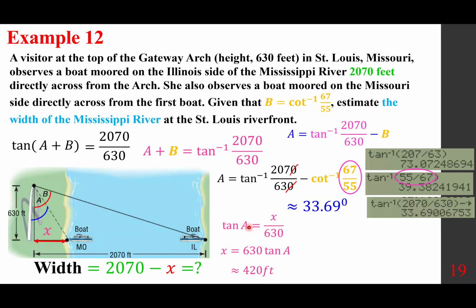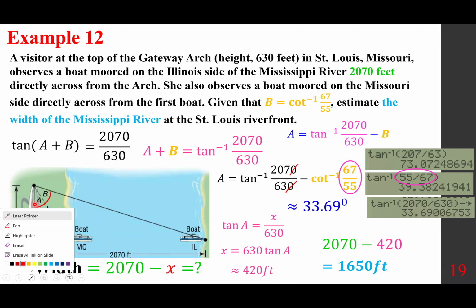So we found the x, subtracted from 2070, and you get 1,650 feet. Now, the reason I went with the whole number is because they are asking for the estimate, and everything they have used is an estimation.